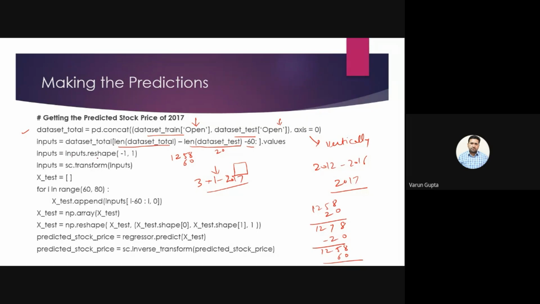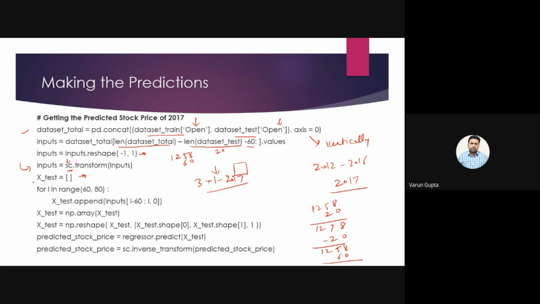Your inputs, you're going to reshape into this form, the 3D shape, as we have done earlier. And again, you are going to normalize it using the same object that we used for training. Now you are going to create these chunks of data.